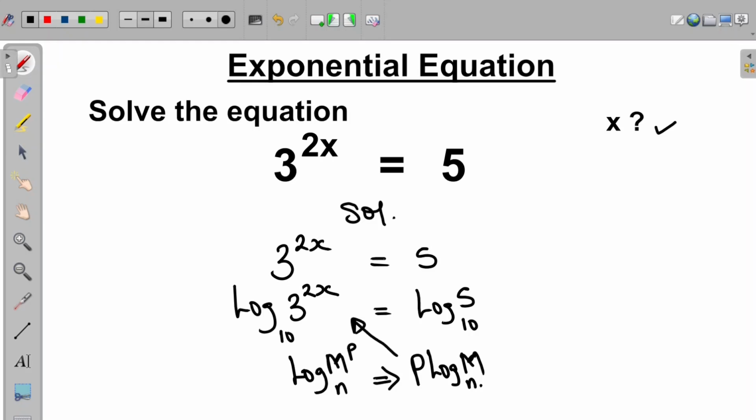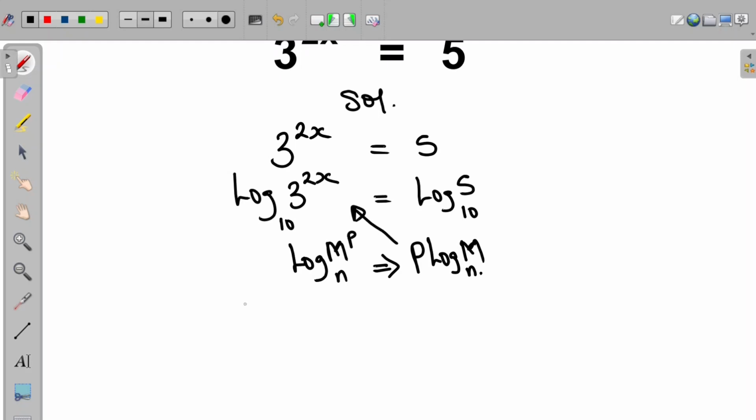So the left-hand side becomes 2x multiplied by log 3 in base 10, equal to log 5 in base 10.